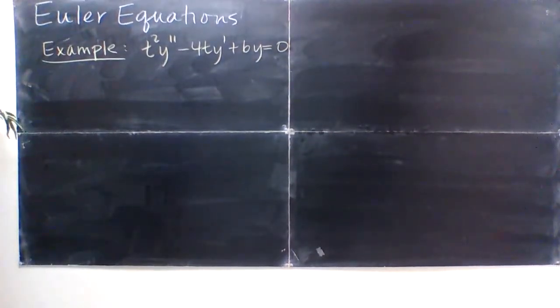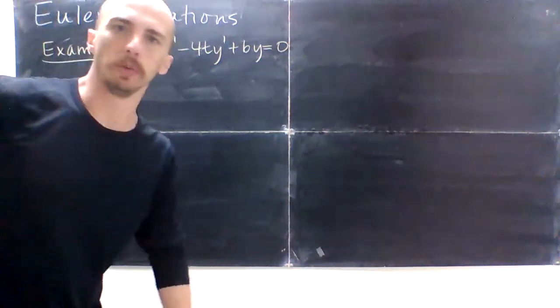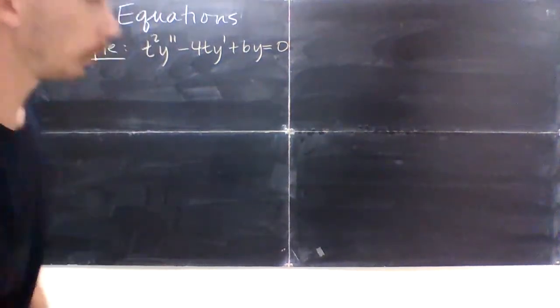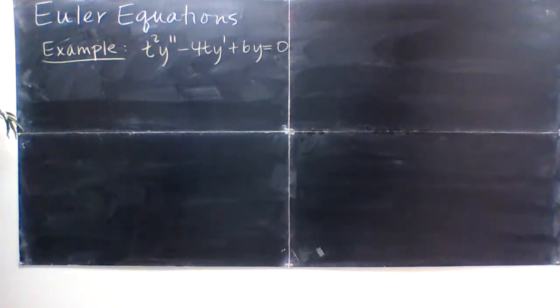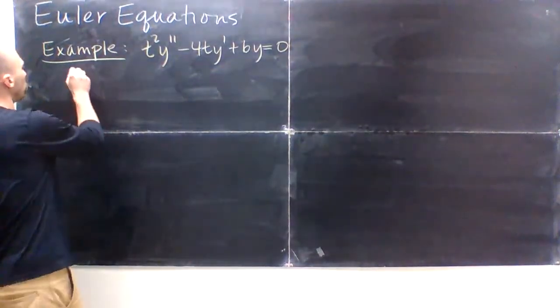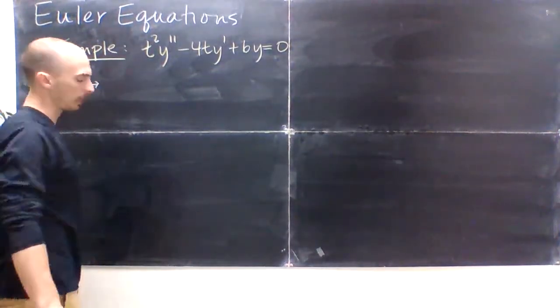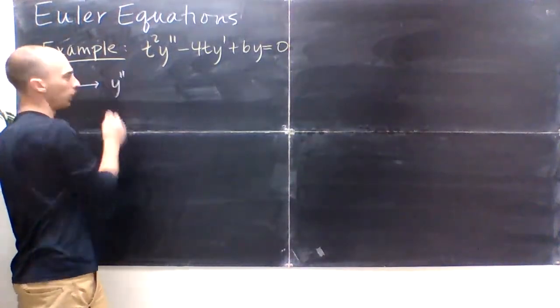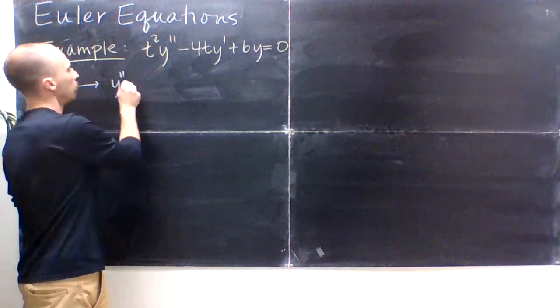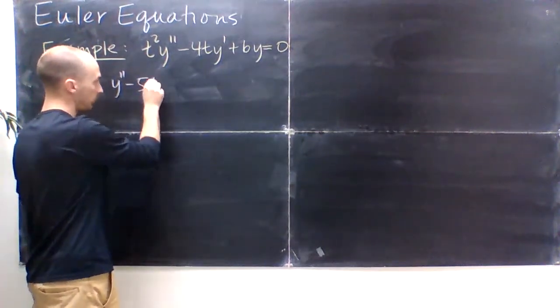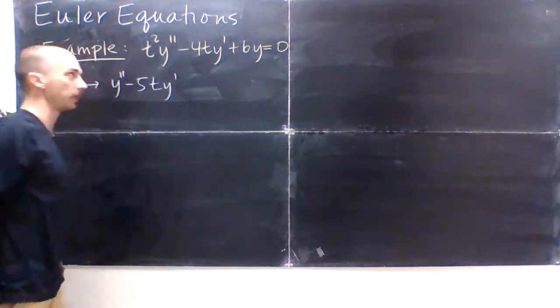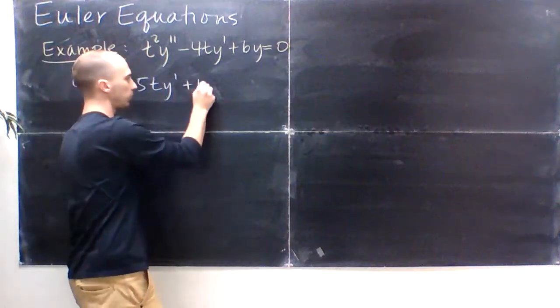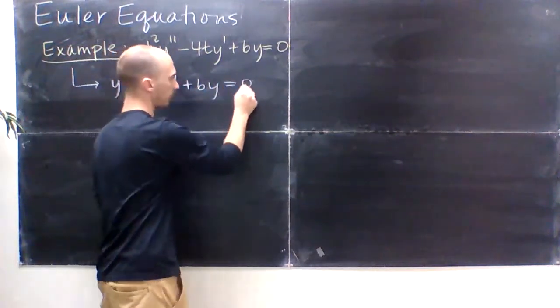Okay, so here you go. Got t squared y double prime minus 4t y prime plus 6y equals 0. Okay, using the results from before, what we're going to do is we know that this goes down to basically, y double prime of x minus 5 y prime of x plus 6 times y of x equals 0.